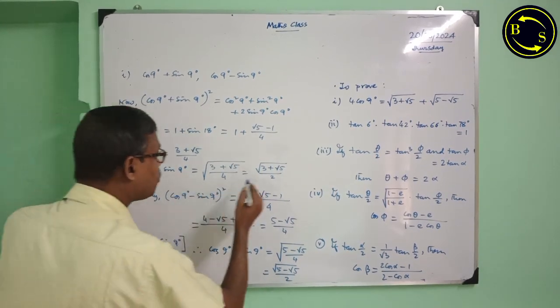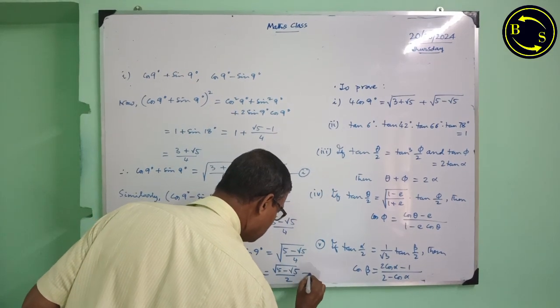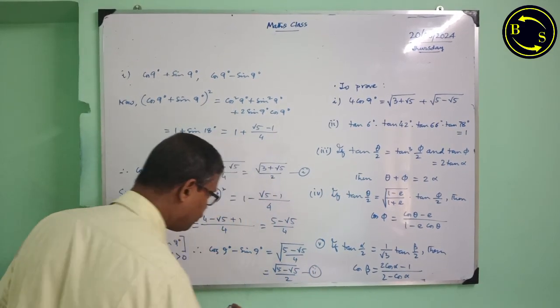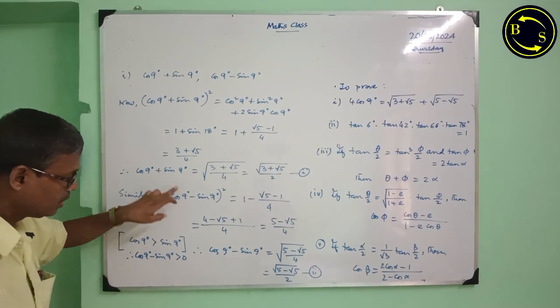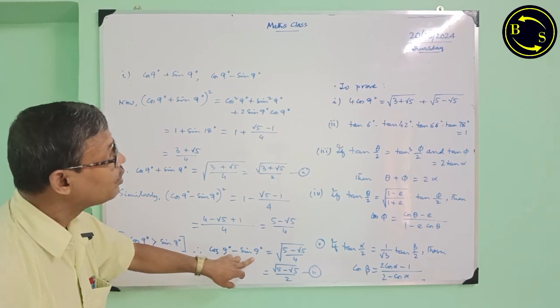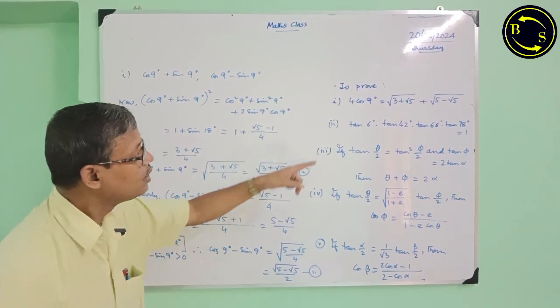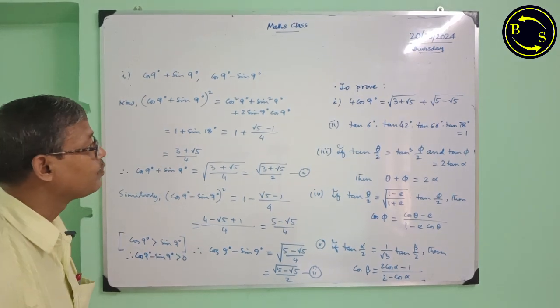Now I have got this one and this one: cos 9 degree plus sin 9 degree, cos 9 degree minus sin 9 degree. To get the value of cos 9 degree, we have to add these two.